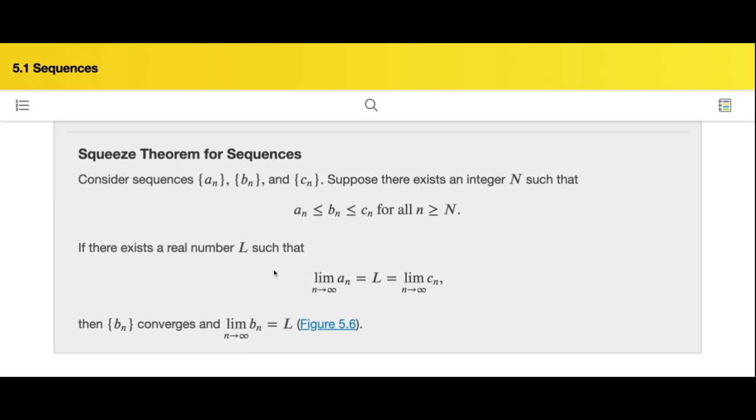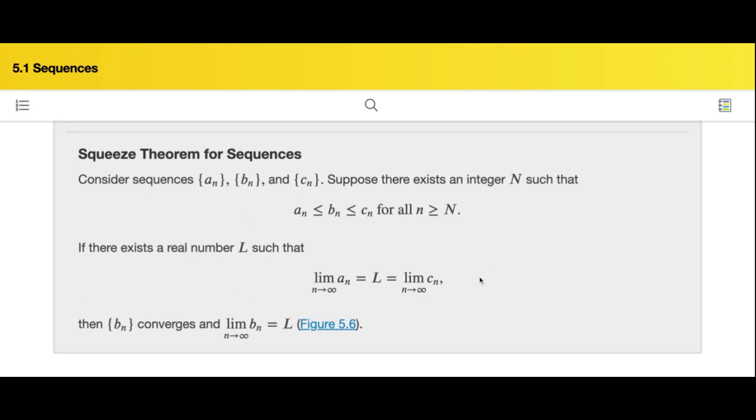If there exists a real number L such that the limit of sequence A equals the limit of sequence C, then the limit of B, the middle one, also equals L. Think of the squeeze: A on the left-hand side, C on the right-hand side. If those two converge to the same number, they squeeze the middle one to converge to the same number.